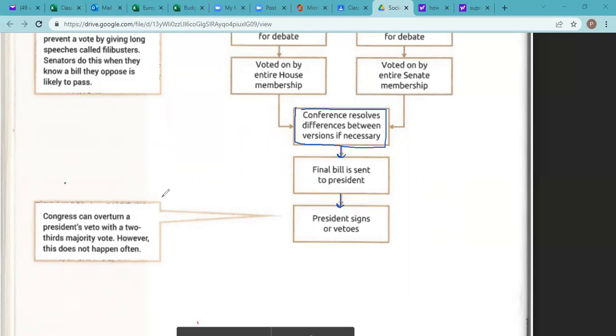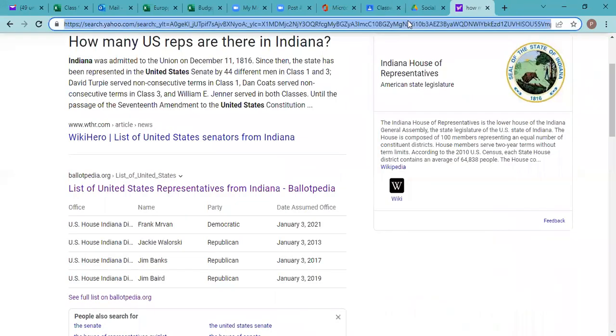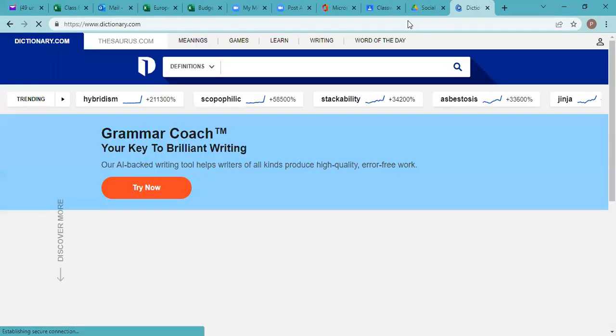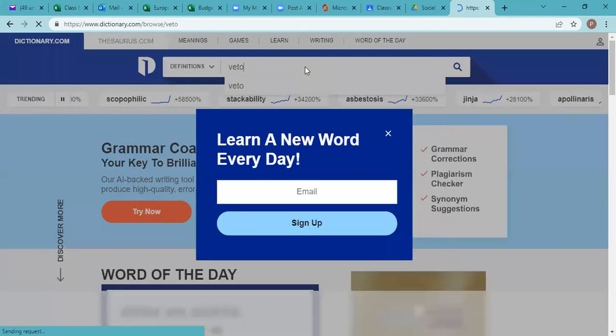So the word veto, let's take a look at what that means. And then I'm going to take a look at that box over to the left. If you veto something as a president, it should mean to turn down, or reject.